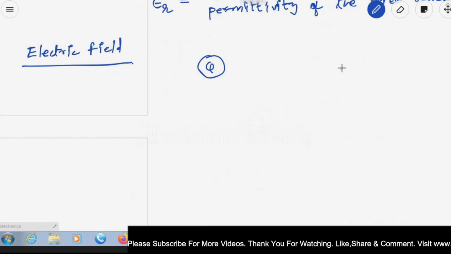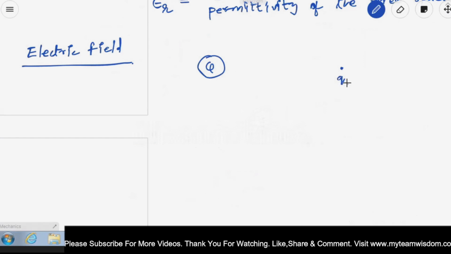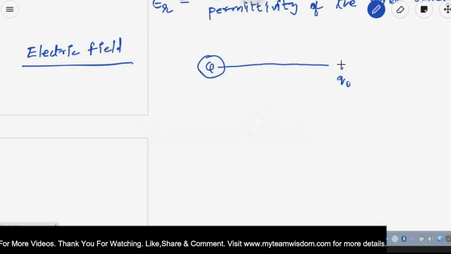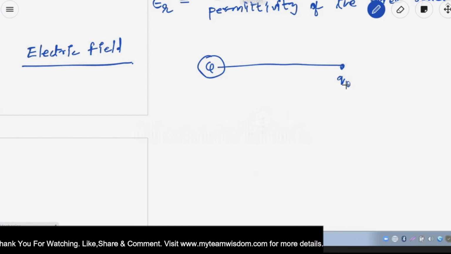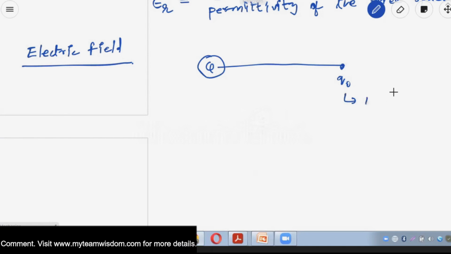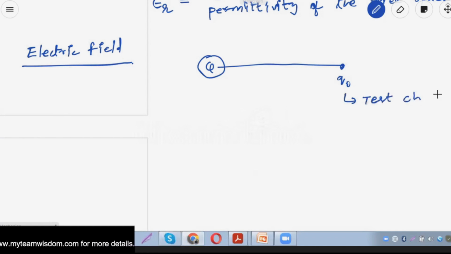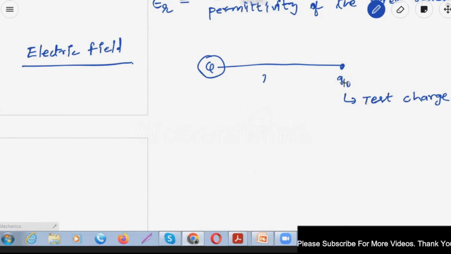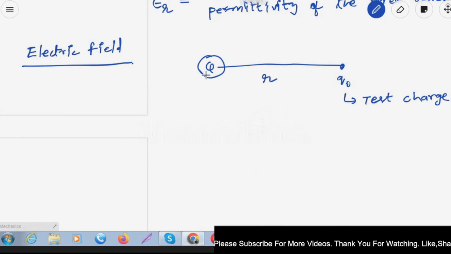What I'm doing is placing a charge Q naught over here, at a distance. Q naught is a positive charge. This is called the test charge, used for testing purposes. So Q is the charge, and at a distance R, I have taken another charge.